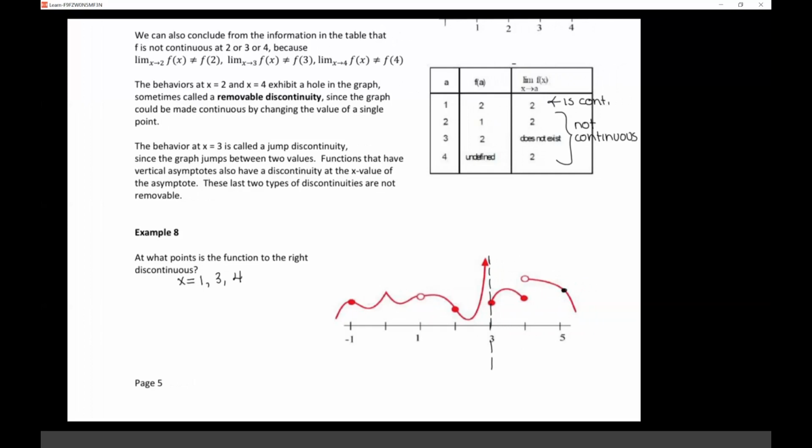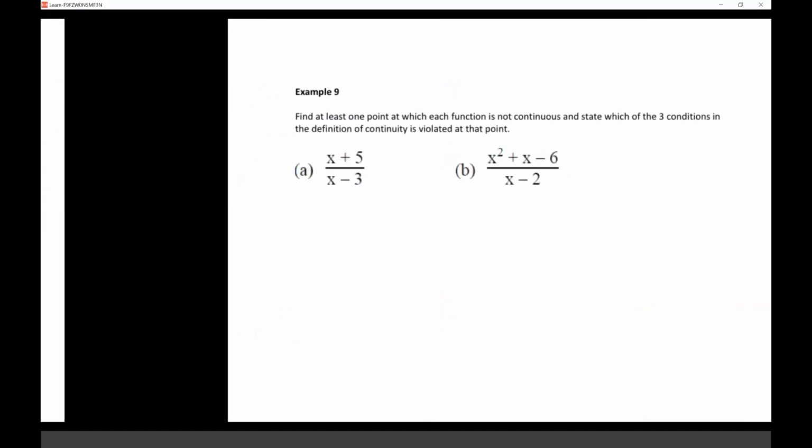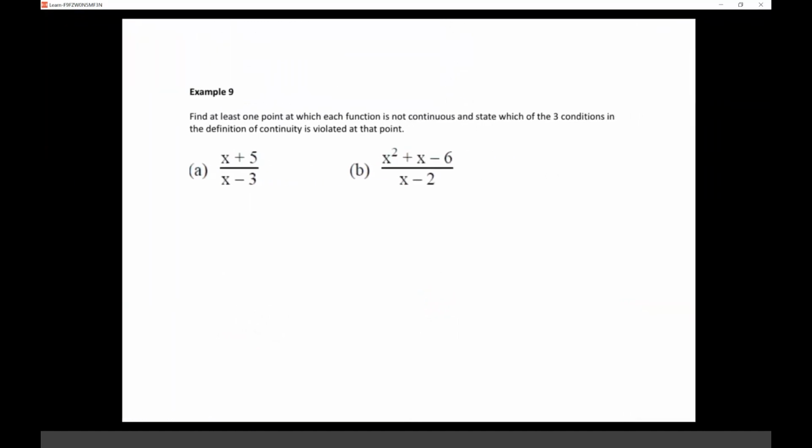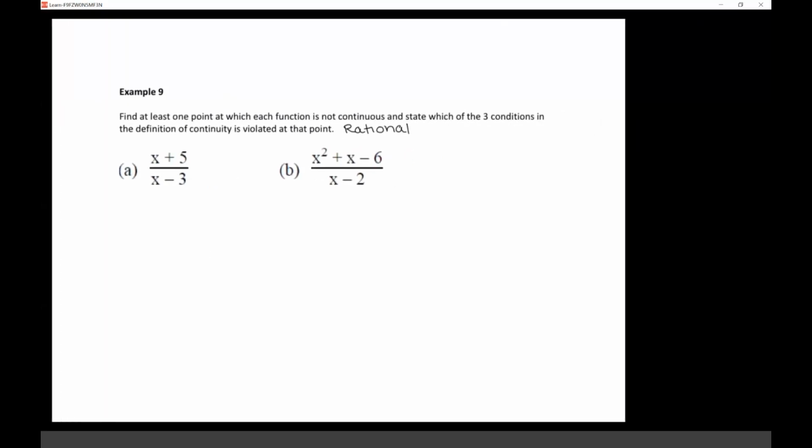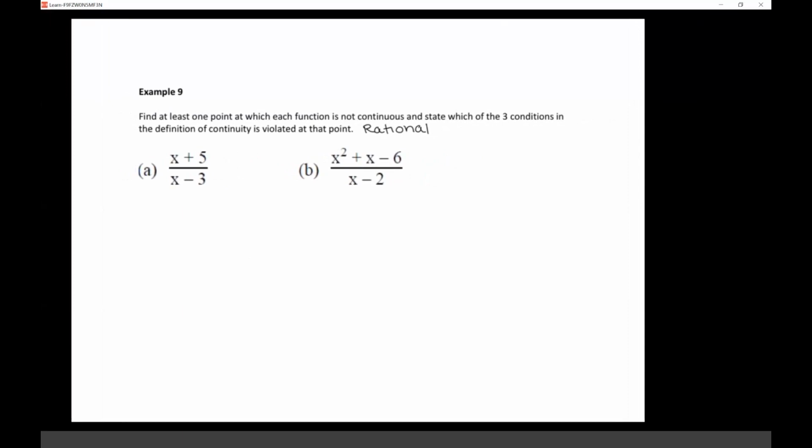Very last topic, and then we're done for today. This is kind of interesting. It says these are both rational functions. Again, there are 3 conditions in the definition of continuity. What are those? f of c exists.